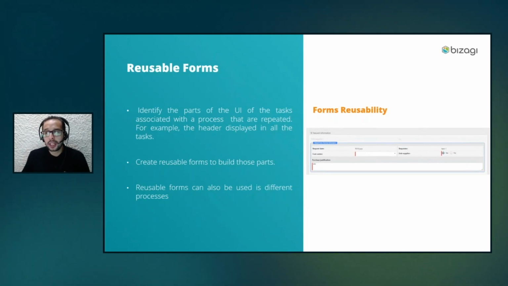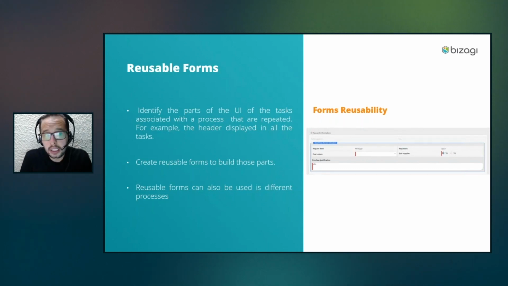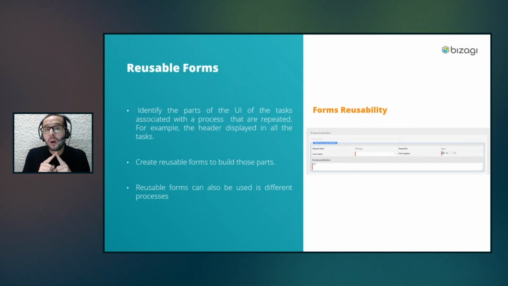The option of creating reusable forms is quite good for us, because I am going to have the ability to create one form not specifically for one process and one activity, but instead, reusable forms will belong mainly to the entities. And what is the great advantage of this? If I am using one entity in 5, 7, 10 processes, then that reusable form is going to be available for me every single time.